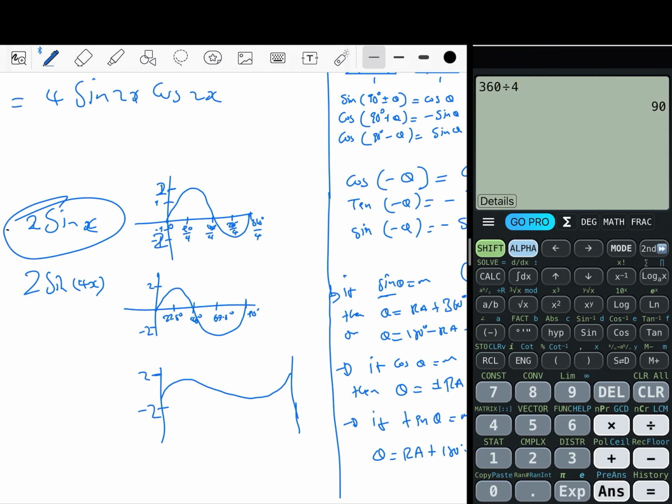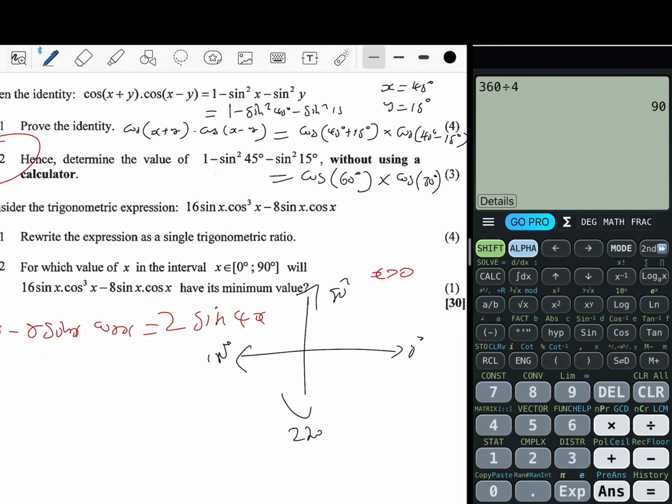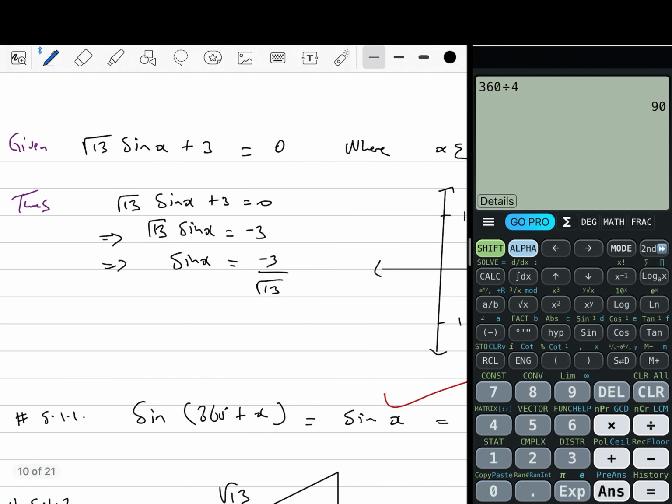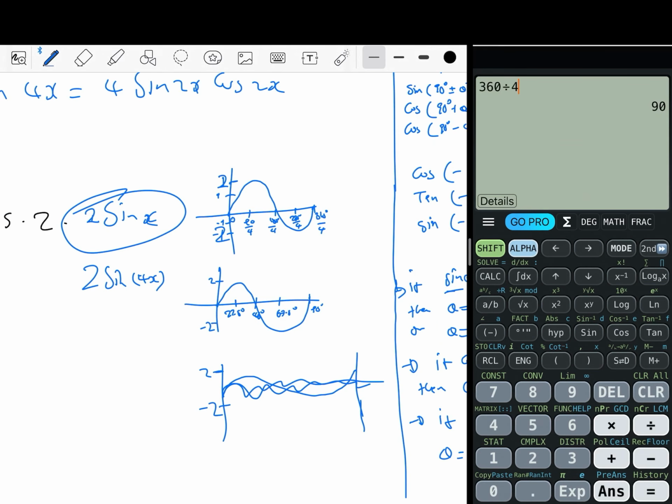So instead of a long wave, we now have a compressed wave. That's basically what happened. We just compressed the wave, and it's between 0 and 90 degrees, as they have mentioned here. Your x is between 0 and 90 degrees, on the first quadrant. So we've compressed the wave and made it look like this.